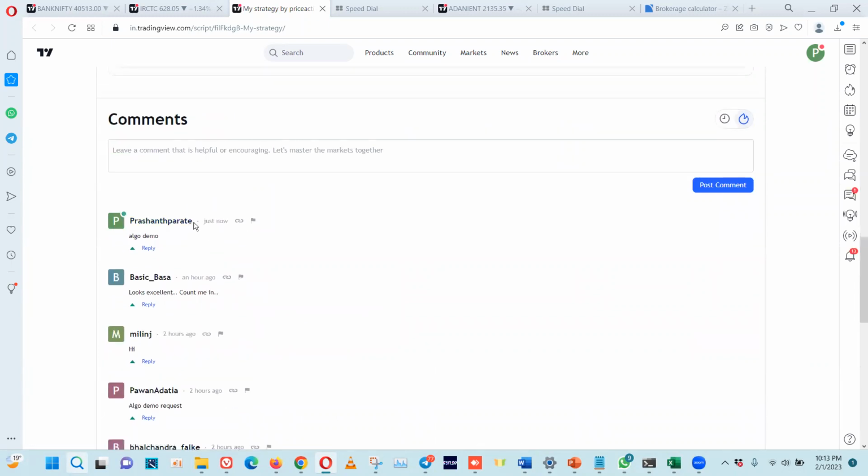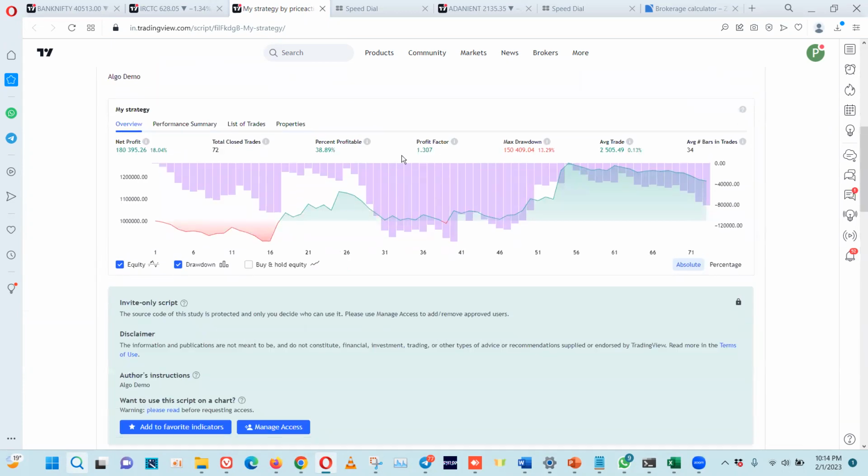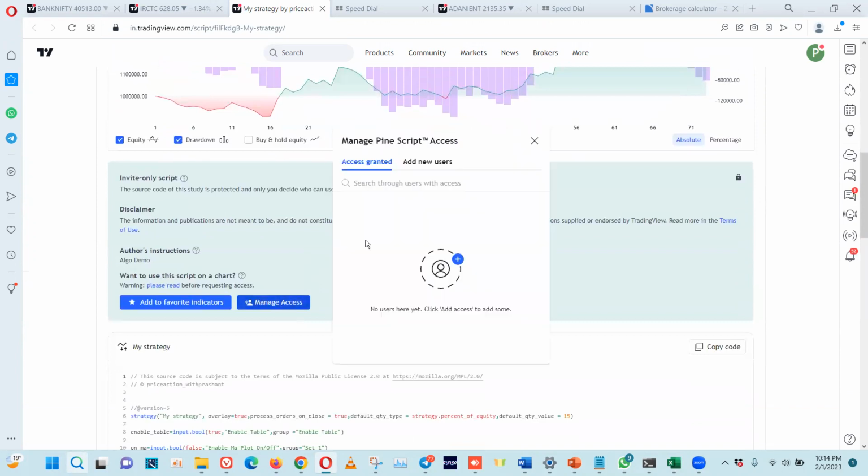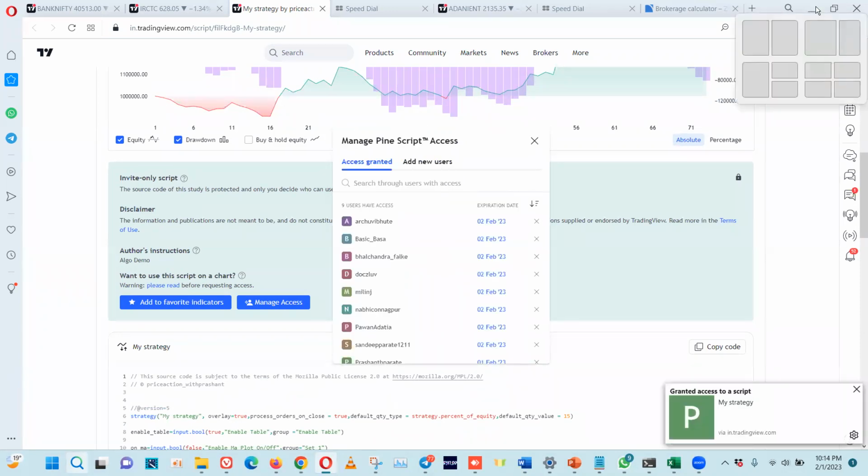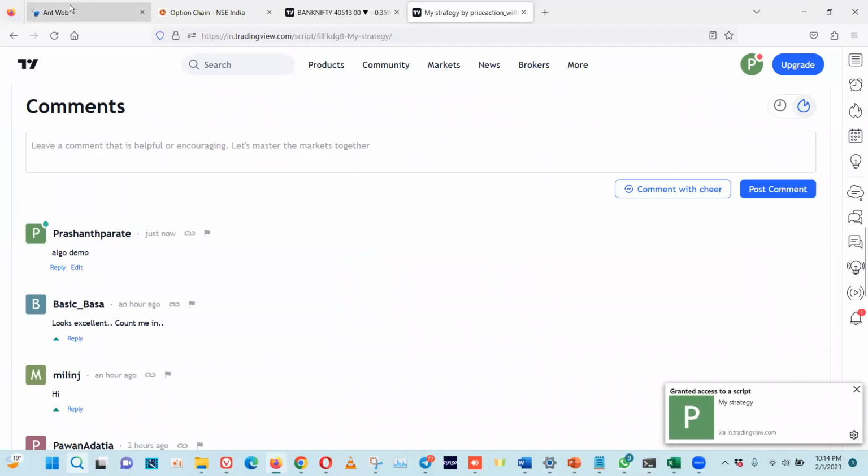Using this ID, I'll copy this and give access. Only after that, it will be added. Once it is added, it will be visible here.